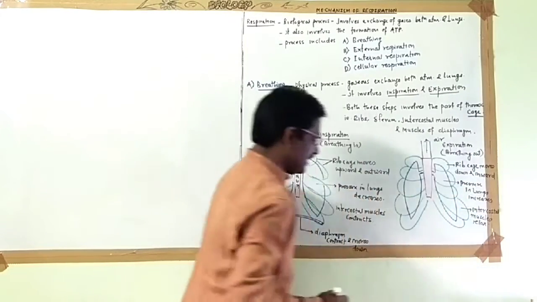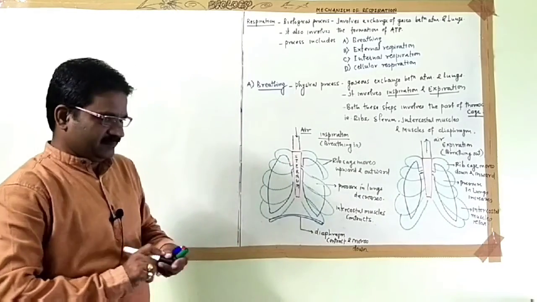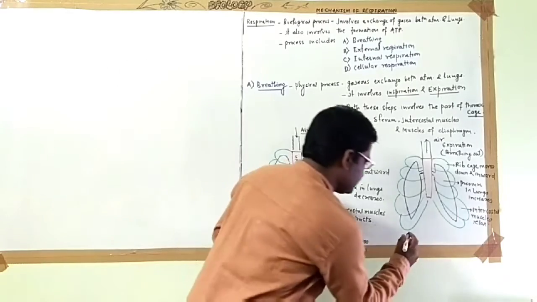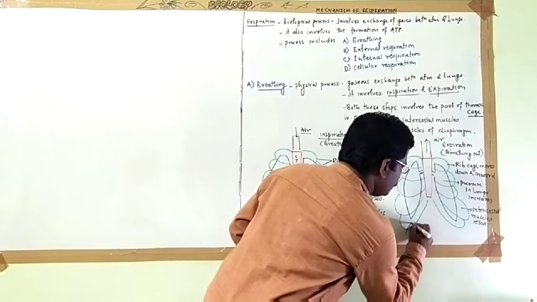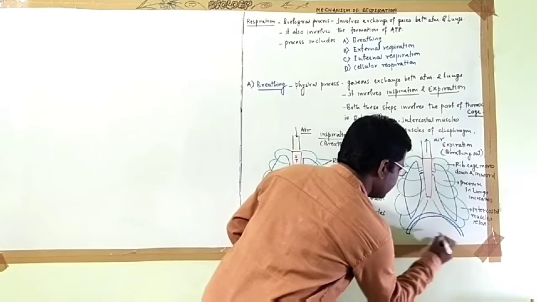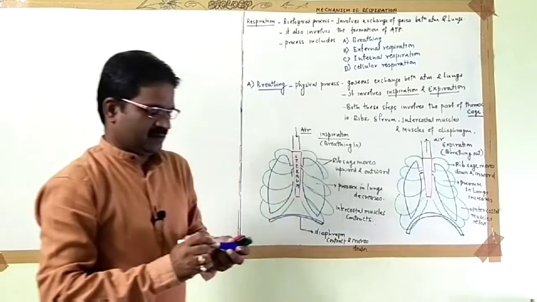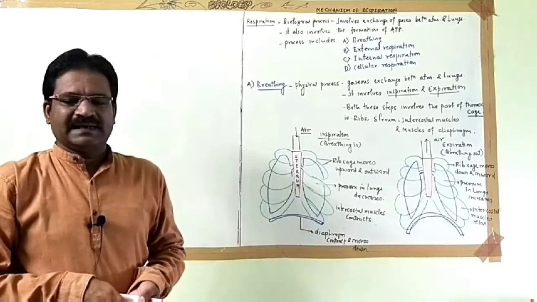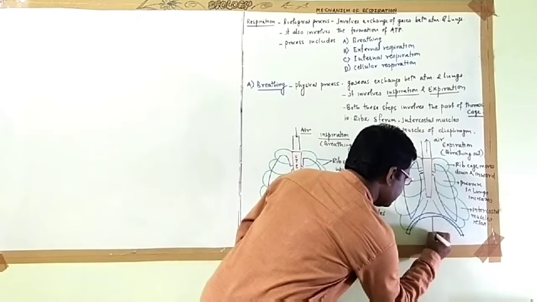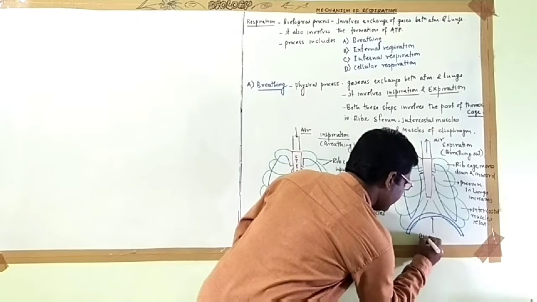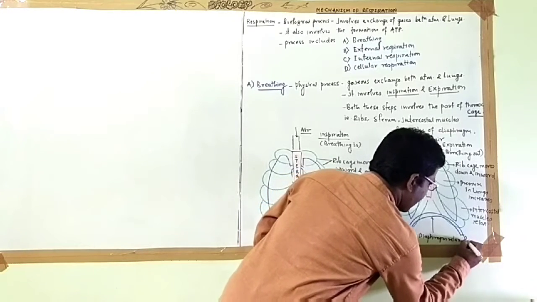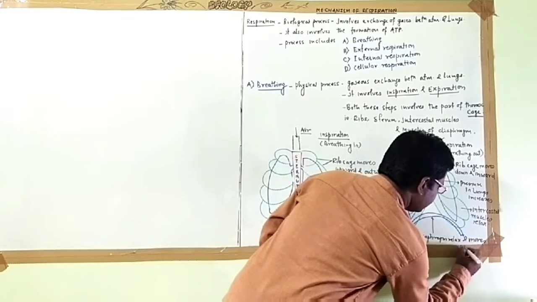Okay, and this diaphragm, what will happen? This diaphragm becomes dome shaped. This is the dome shaped diaphragm. म्हणजे काय झालं, diaphragm relaxes and moves upward. This is the diaphragm relaxed and moved upward.